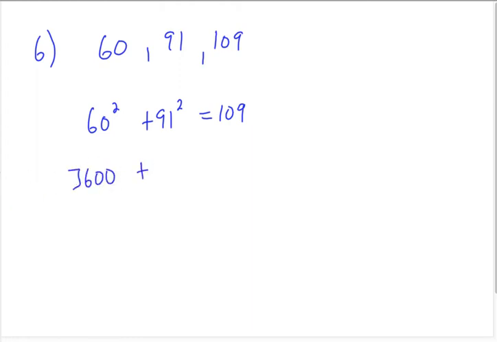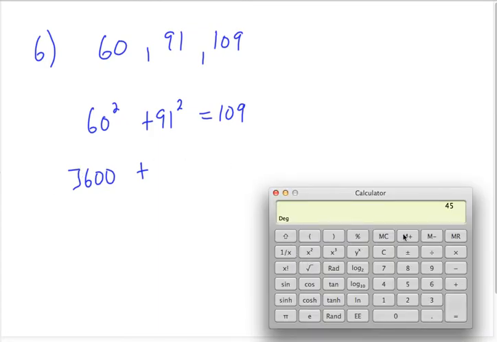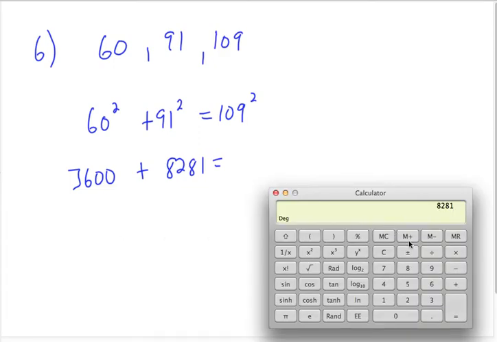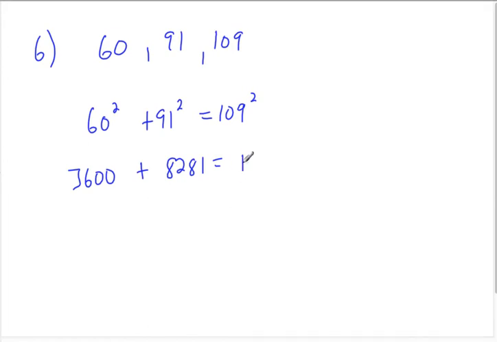Let's start with the easy stuff. 91 squared, something that ends in a 1, right? 91 squared is 8281 equals 109 squared, which is 11881. Okay, looks like it'll probably work. Let's check. It's good so far. Bingo! So number 6 is yes, it can.